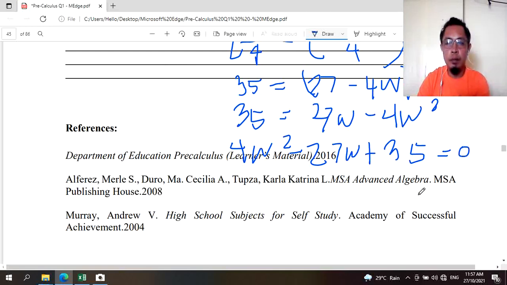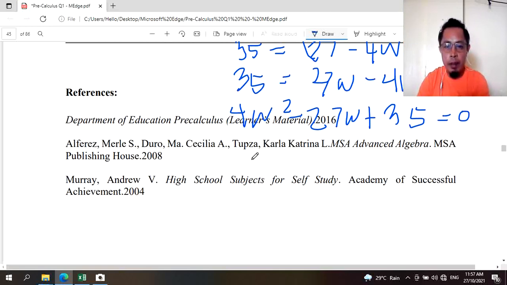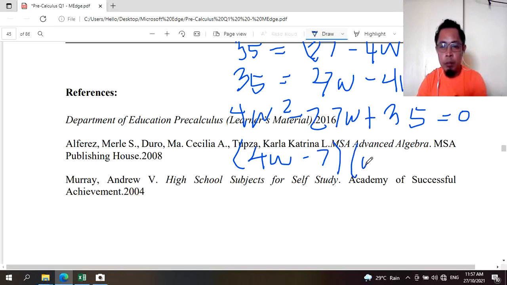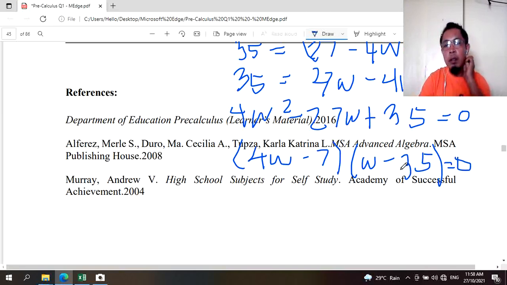Then by trial and error, we can have here now 4W minus 7, then we have here W minus 5 equals 0. Sorry, this should be 5, not 35.